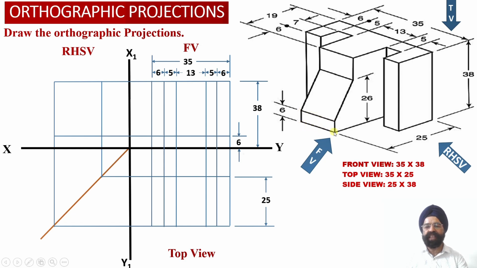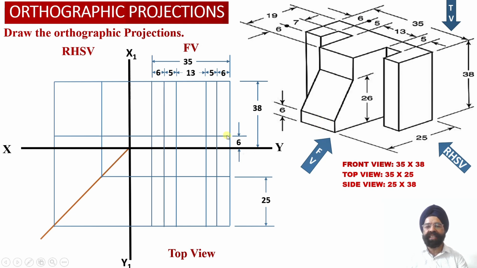One vertical face is available on the bottom side of this vertical web, and another vertical surface is available towards the top face of the solid. We have been provided with the information that the height of the vertical face available in element number 3 is equal to 6 millimeter.